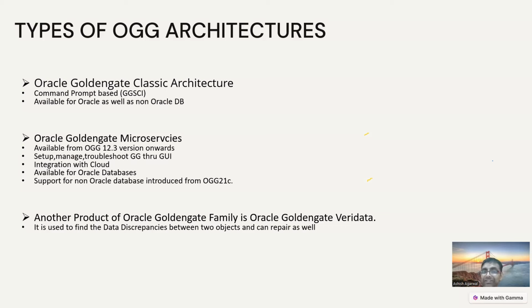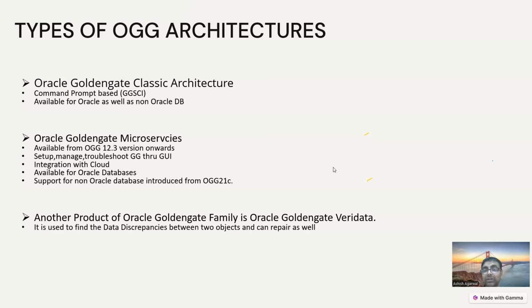One of the major features of microservices architecture is the GUI. It allows for better integration with cloud. Until 19c, microservices was available only for Oracle databases. However, from 21c onwards, support for non-Oracle databases has been introduced.